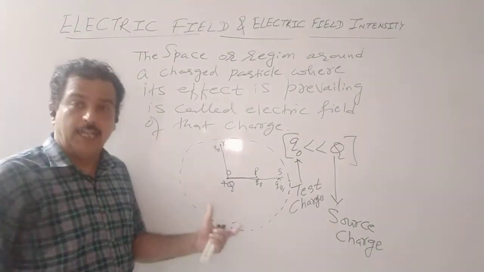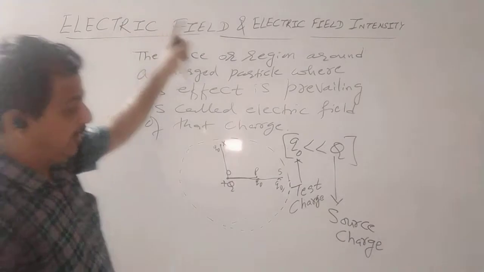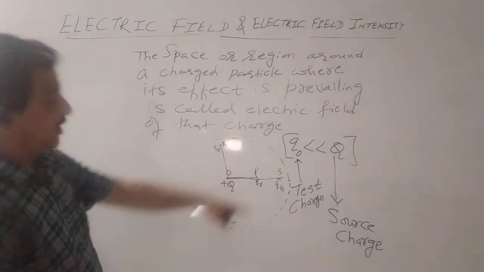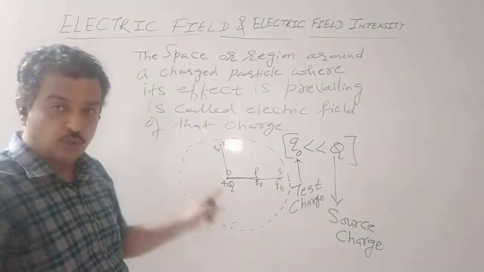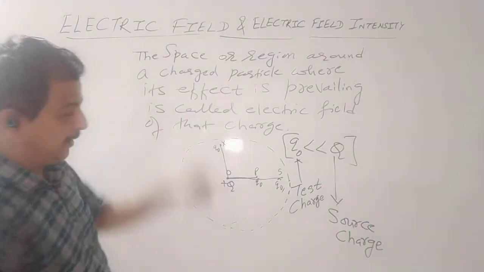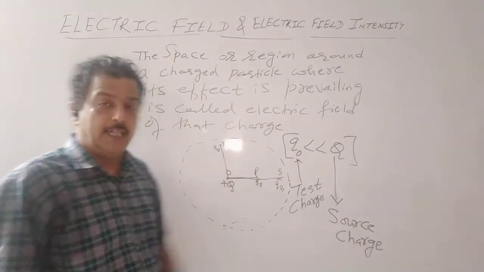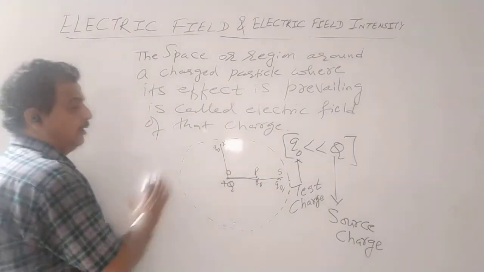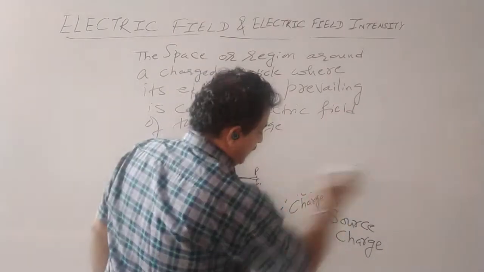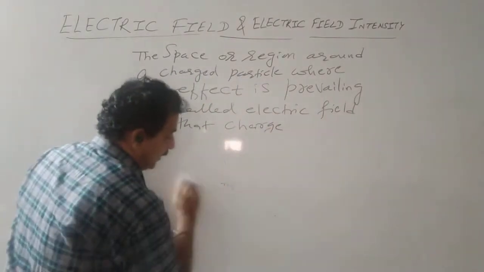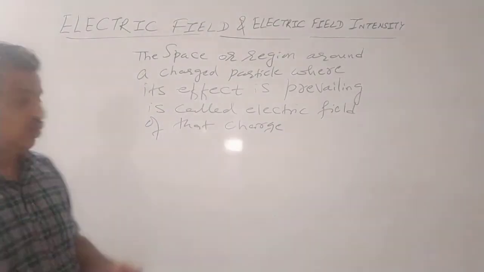Again and again I am repeating the electric field. किसकी फील्ड होती है? सोर्स चार्ज. किसकी ताकत चेक करनी है? सोर्स चार्ज. जिसकी ताकत चेक करने के लिए हमें जो चार्ज रखना है, that will be called a test charge. So in this diagram we refer Q naught as a test charge and capital Q as a source charge.